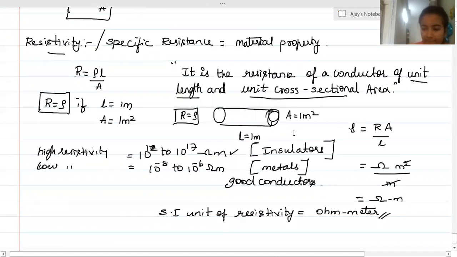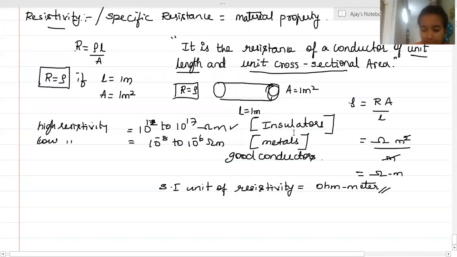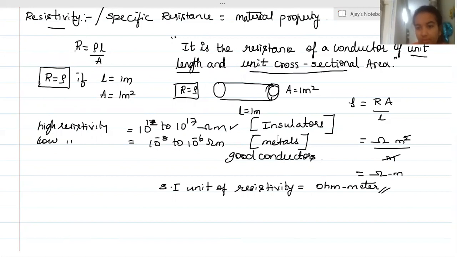So now I'm completing it topic by topic. Today I've completed only resistance. Tomorrow I'll be completing the concepts of resistance. Tomorrow I take half an hour. Every day half an hour physics will be there henceforth. One hour maths I take, half an hour physics I take. Okay, fine. So thank you. We'll continue tomorrow.